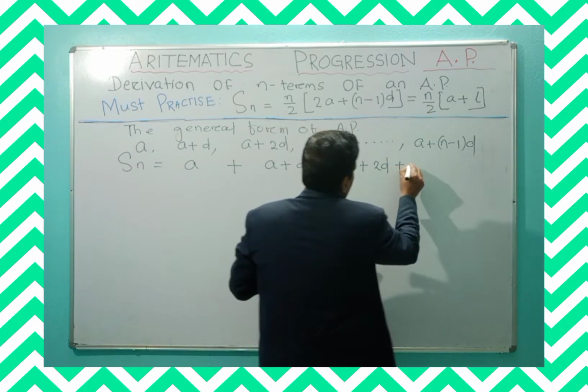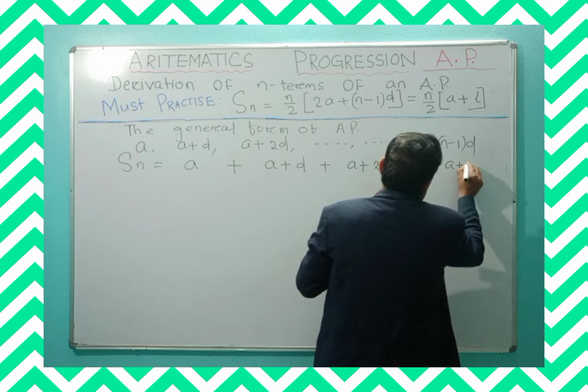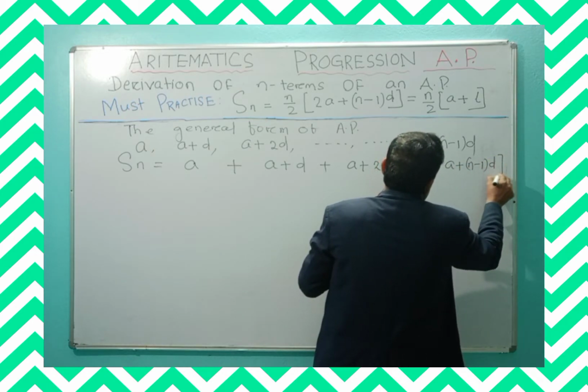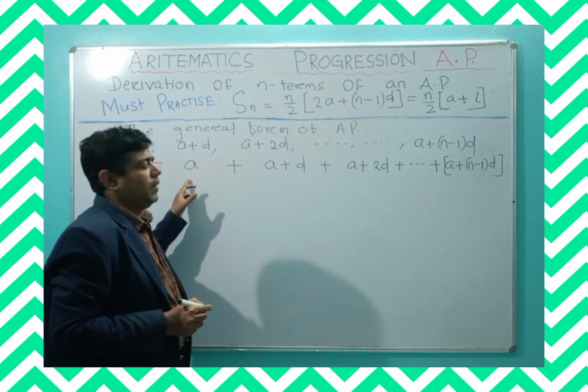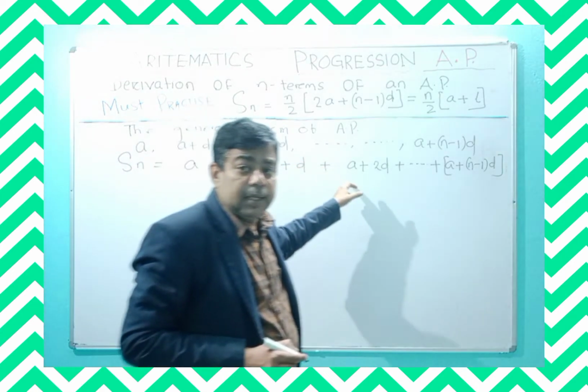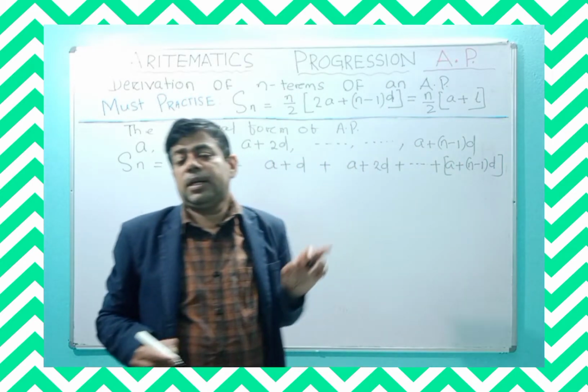In the same manner we proceed, and the last, nth term is a plus n minus 1 into d. So Sn is equal to a plus (a plus d) plus (a plus 2d) plus up to a plus n minus 1 into d.